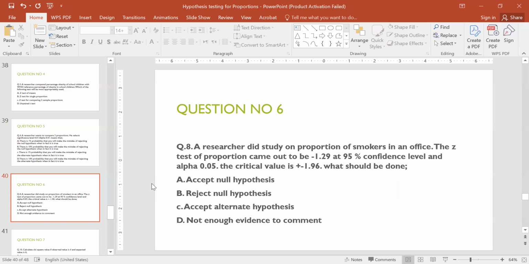Option B, reject the null hypothesis. Option C, accept alternate hypothesis. And option D, not enough evidence to comment. Yes, option A is the right answer, as the value minus 1.29 does not fall in the critical region.